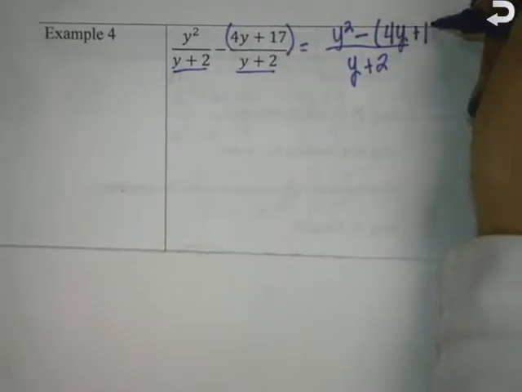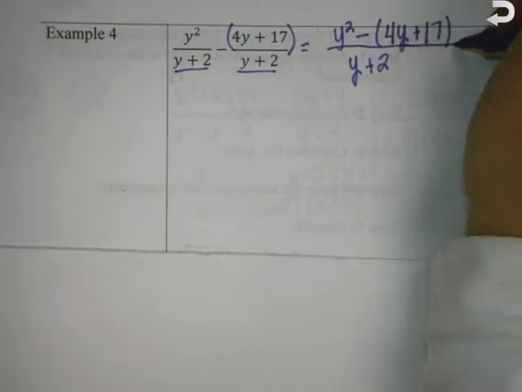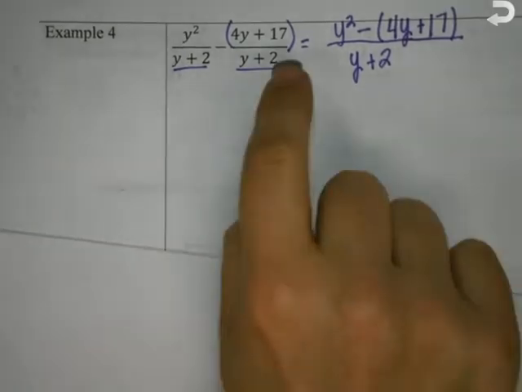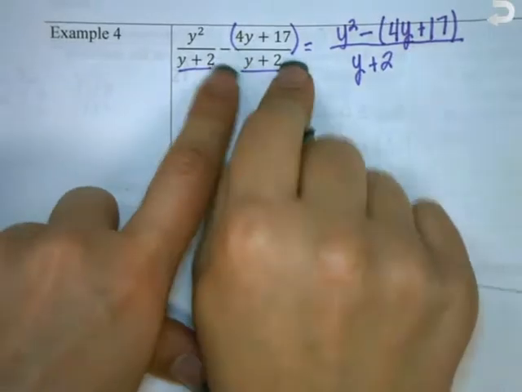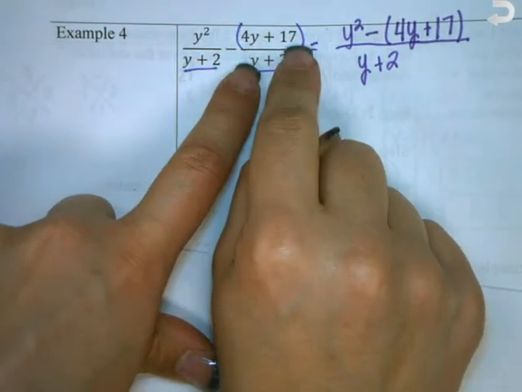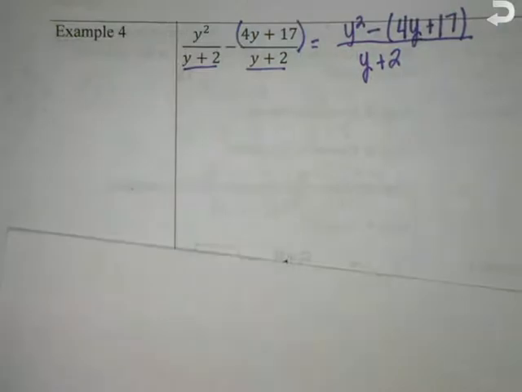4y plus 17 is all together in the numerator, so it's in parentheses. We have to keep it together. So, from adding and subtracting polynomials, what do I do with that negative?